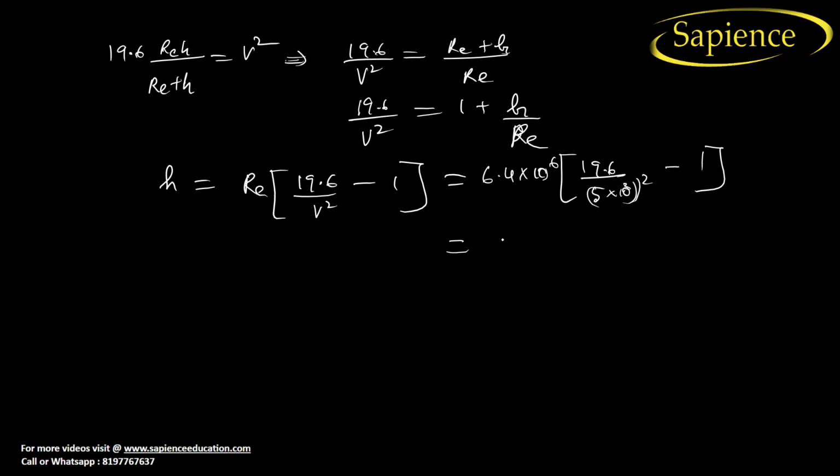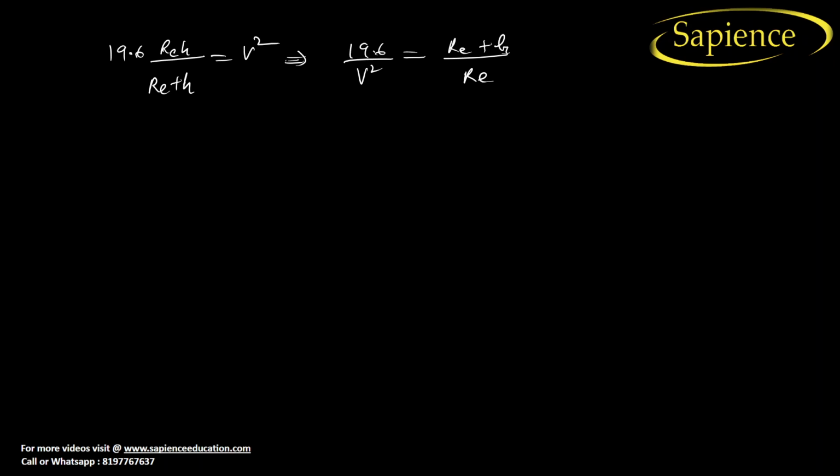So when we calculate it, what amount are we getting? 6.4 into 10 to the power 6 into 19.6 minus... I think I have made some mistake. Let us recalculate it so that we get the perfect answer.